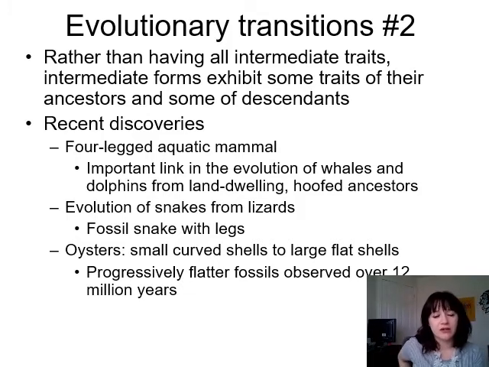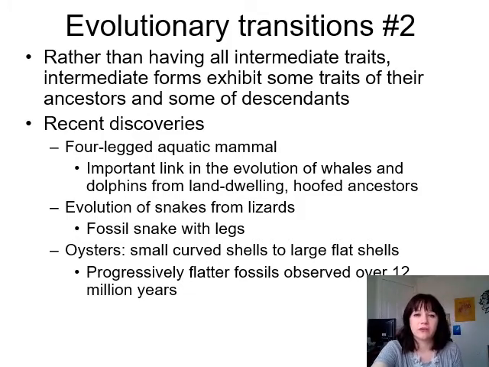Another example, in oysters, there's great representation of intermediate species. Over time, oysters evolved from having small curved shells to large flat shells. And over 12 million years, they have collected a variety of fossils that show the shells getting flatter and flatter over time.